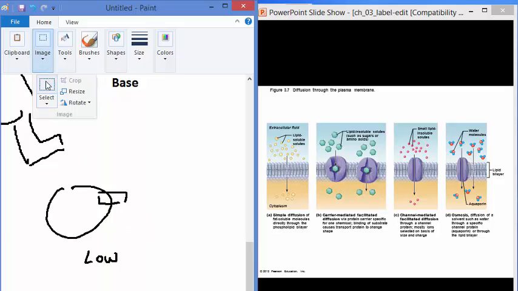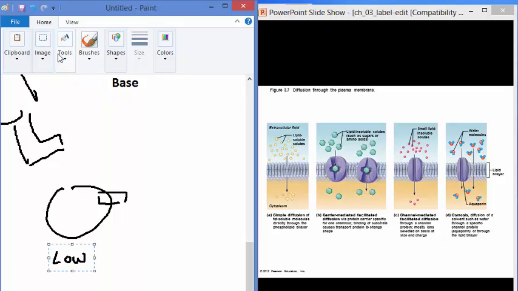So for example, sodium. Sodium is in a low concentration within the cell and a high concentration outside the cell. So in order to get that sodium outside the cell, you need to pump it out using a pump that uses ATP.